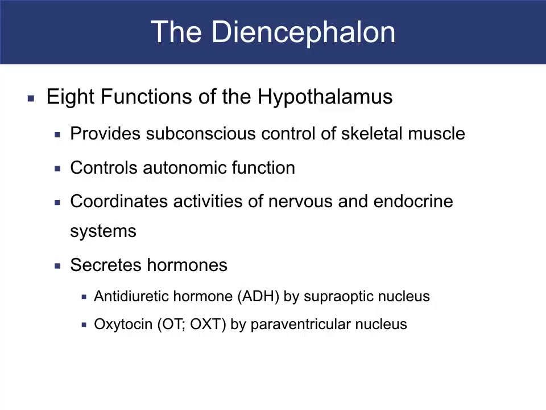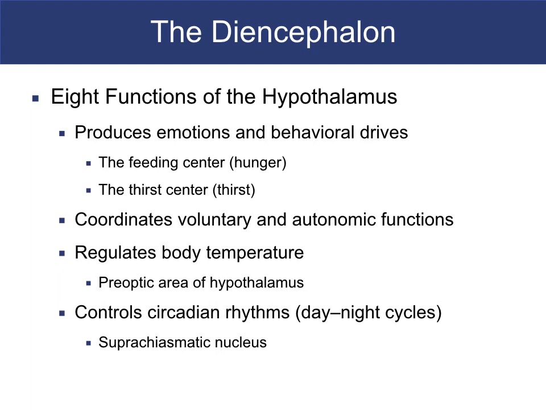It also secretes a couple of hormones that you ought to know about: ADH, anti-diuretic hormone, and oxytocin, the love hormone, I'm told. So it also has things to do with emotions, thirst center, hunger center, and helps regulate your body temperature.